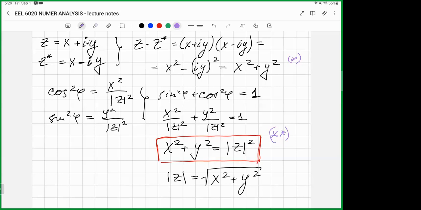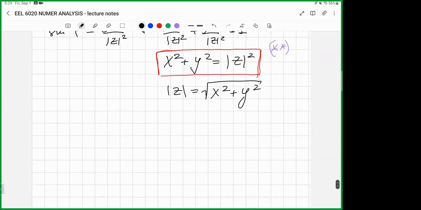And now let's compare these two formulas. For this product, we got this construction, x squared plus y squared. And from this formula, we got the same equal to modulus z squared. That means that we conclude that z times z star is equal to modulus z squared.